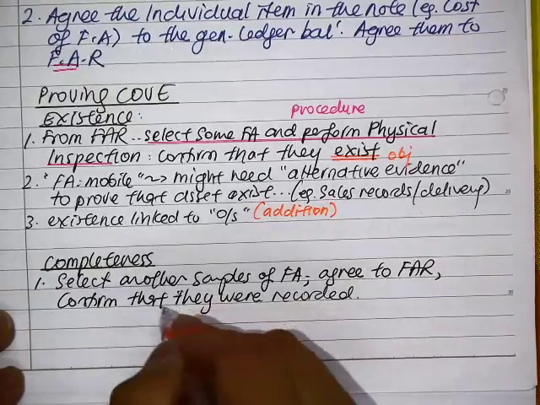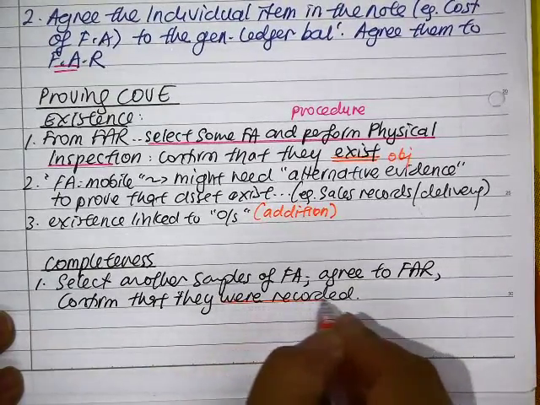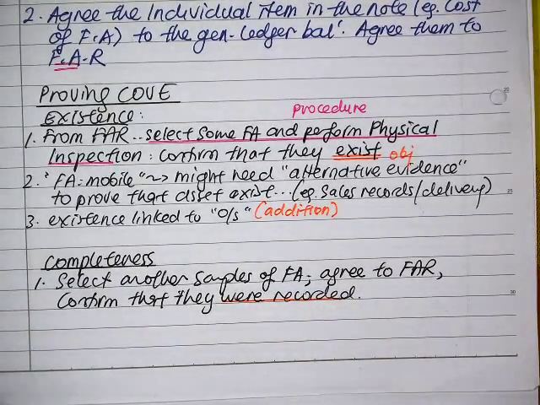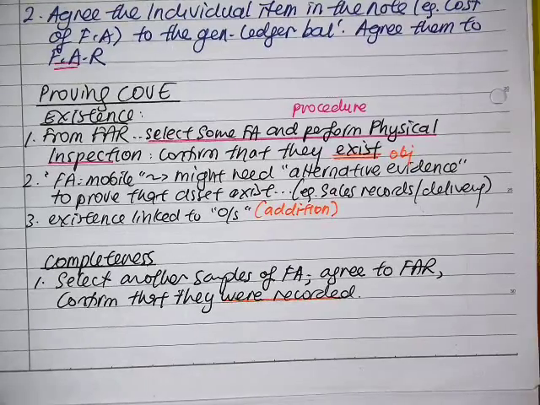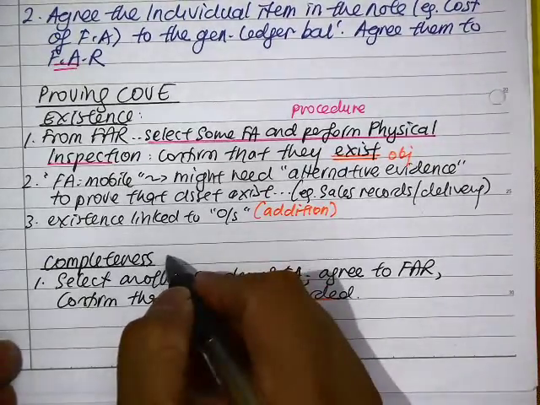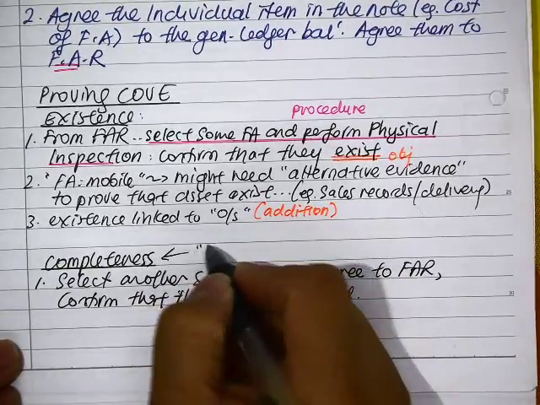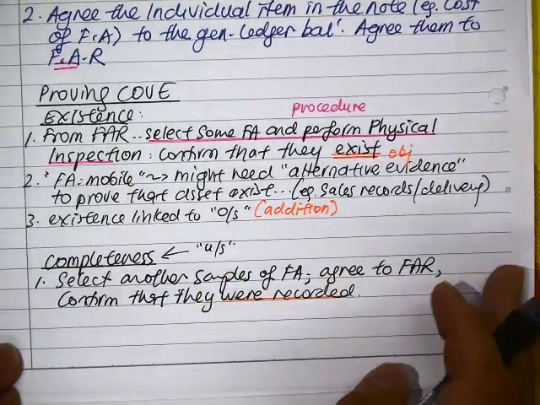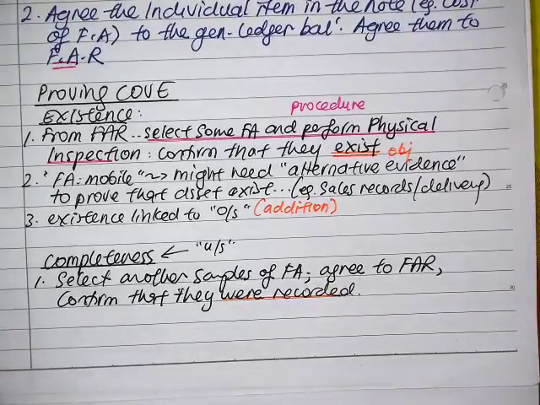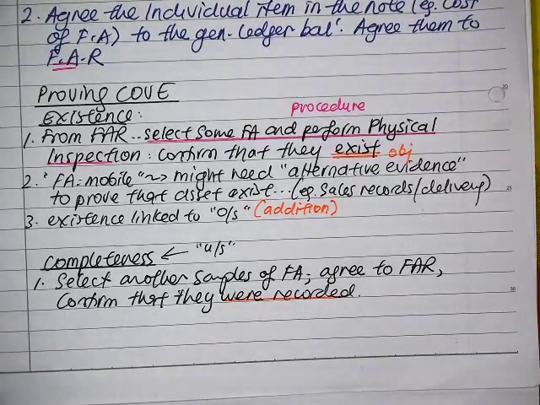Now, as long as what you see is also in the register, then it's recorded. It's completeness. It's your objective. Now, completeness also relates to understatement. Agree? Okay, completeness also relates to understatement.